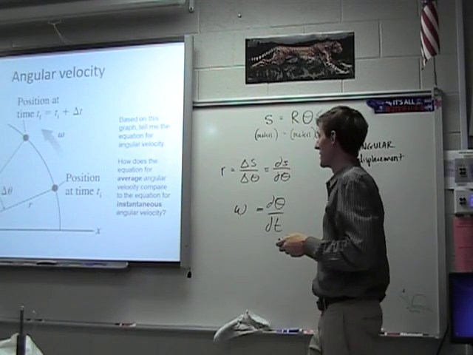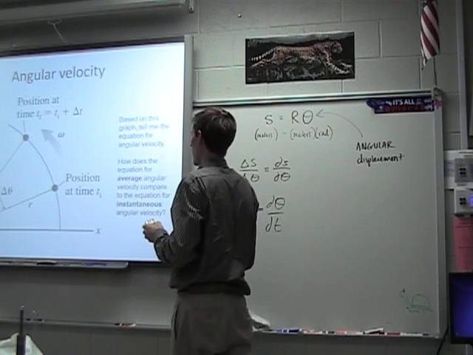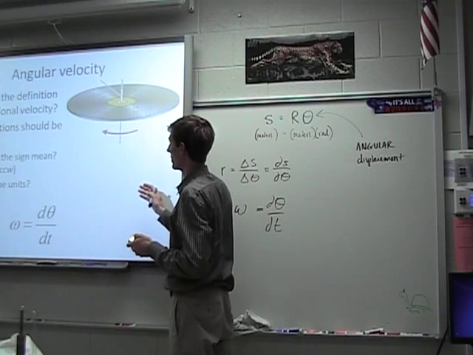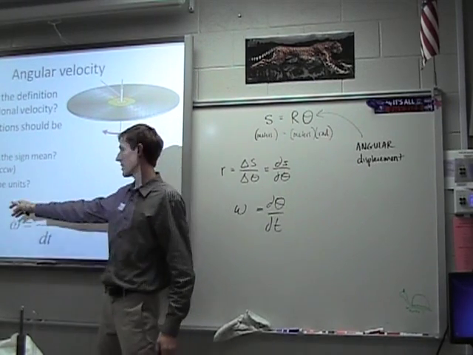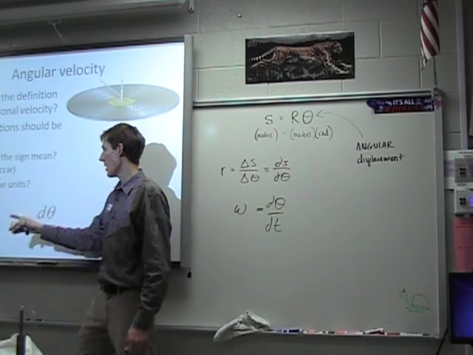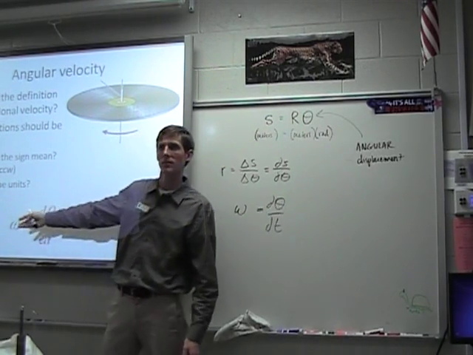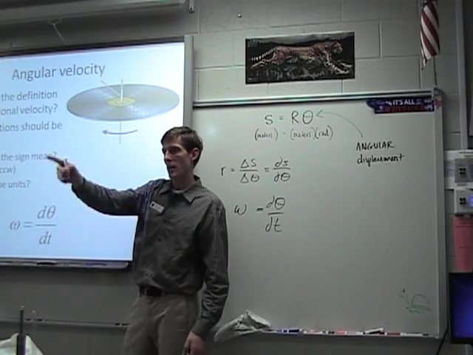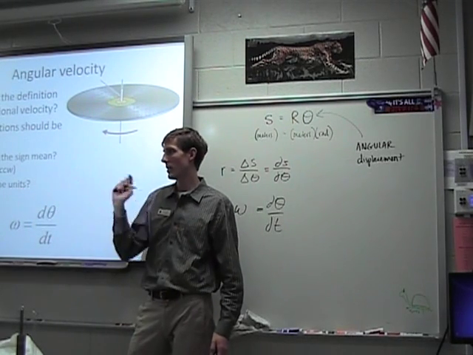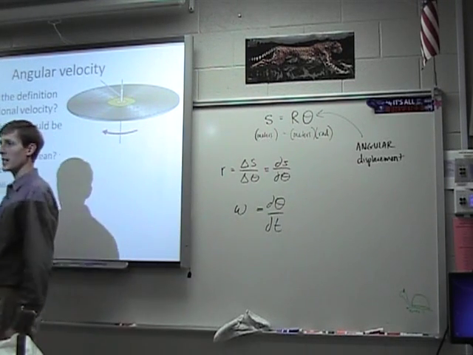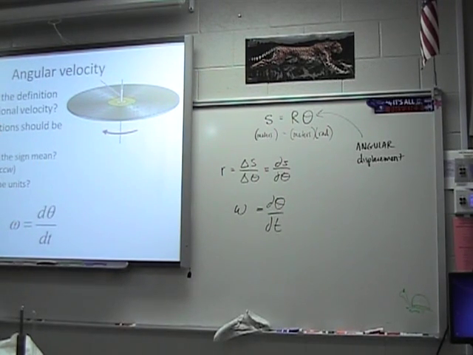So omega is delta theta over delta t or d theta over dt. This is the average angular velocity, assuming what? Zero angular acceleration, right? So we're just playing with these ideas right now. You're like, I haven't seen a slide on angular acceleration yet, why has he said the words?